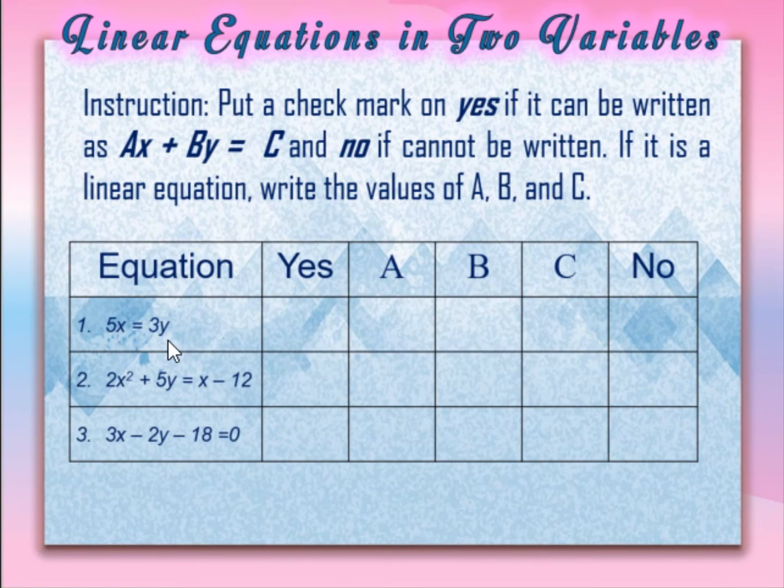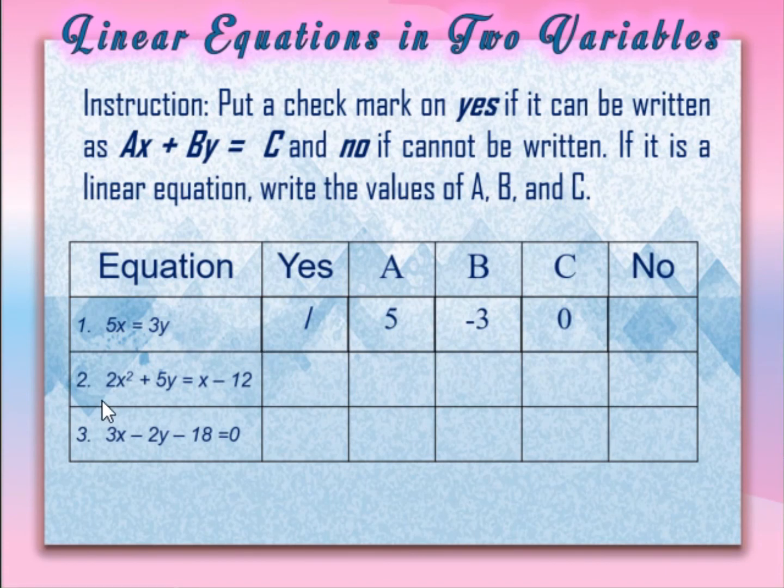The answer is yes. So what is the standard form of 5x is equal to 3y? If your answer is 5x minus 3y is equal to 0, then you are correct. So it is yes, the value of a will be 5, the value of b is -3, and the value of c is equal to 0.